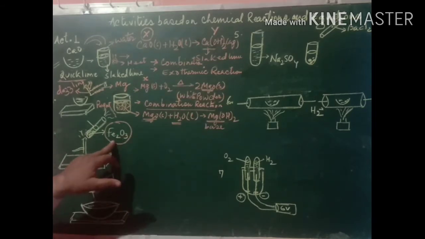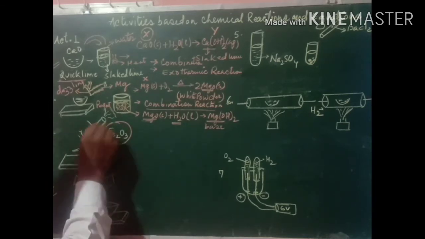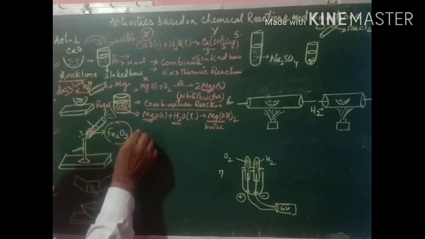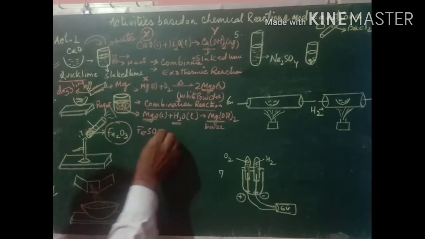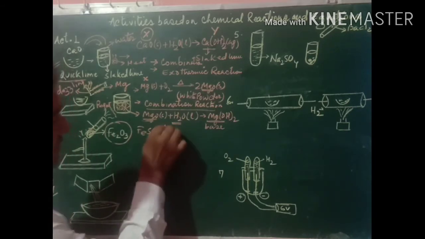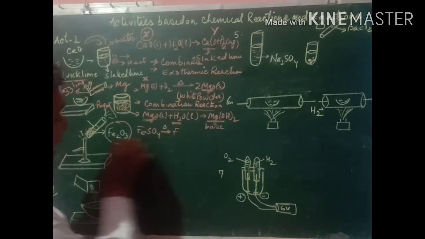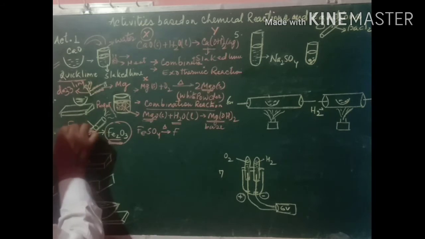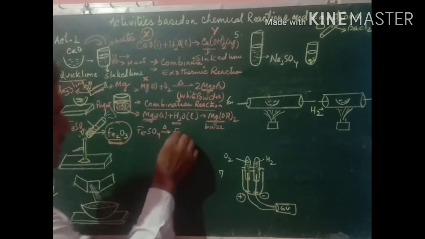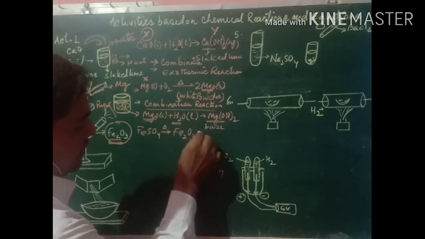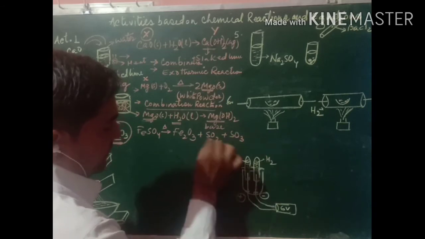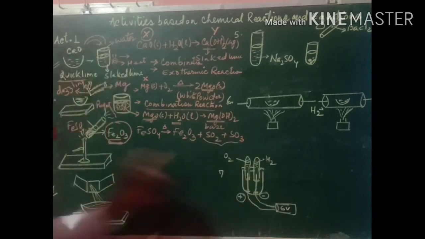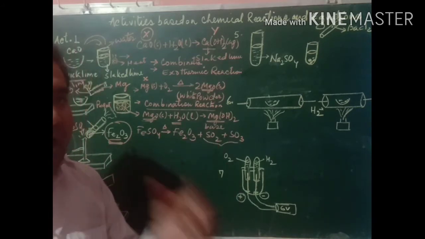Here FeSO4, ferrous sulfate, has been taken, and when it is heated, it forms Fe2O3, ferric oxide, plus SO2 plus SO3. These are the gases which have a pungent smell and are irritating.